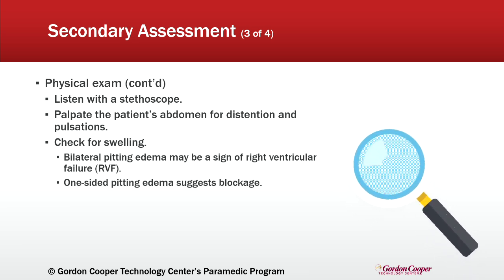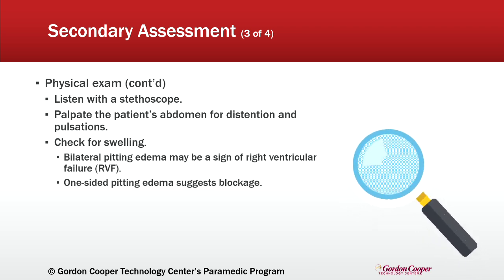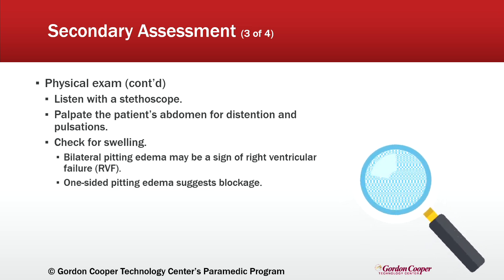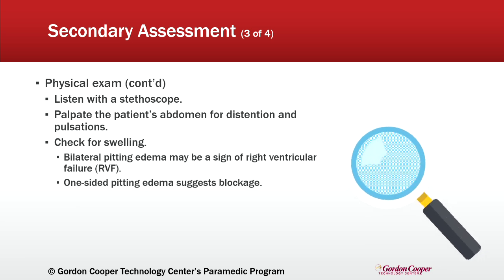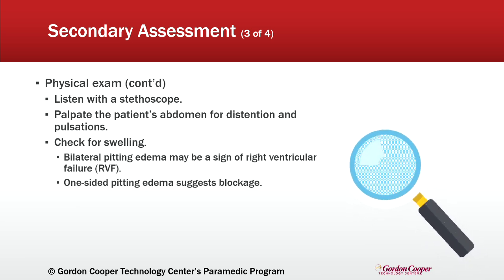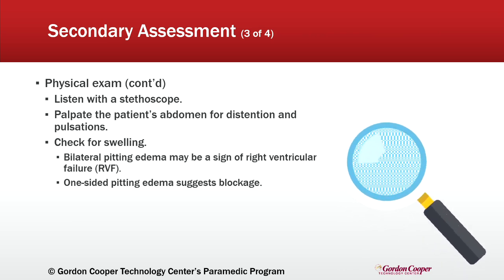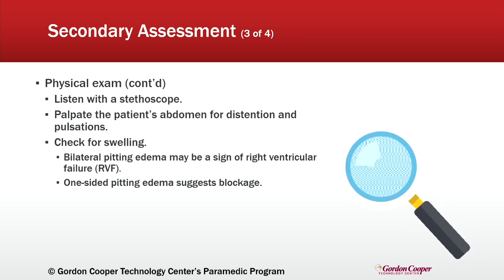And then with the abdominal inspection, check for distension and pulsations. So an enlarged abdomen or unusual pulsations can provide important clues about the patient's condition. And then strong pulsations in the epigastric area may suggest the presence of a AAA or abdominal aortic aneurysm, which is a critical condition that obviously needs urgent evaluation.